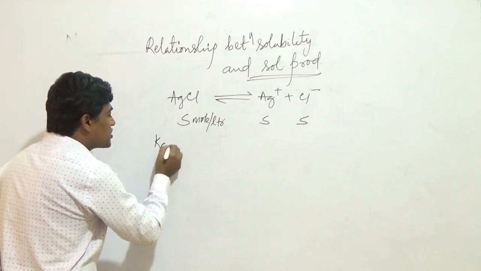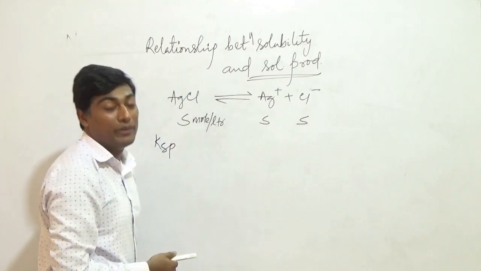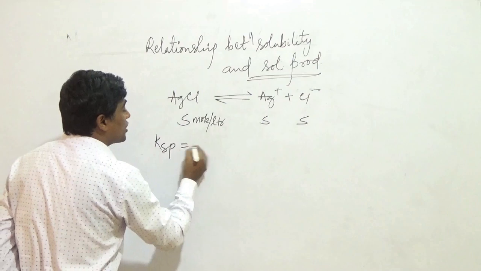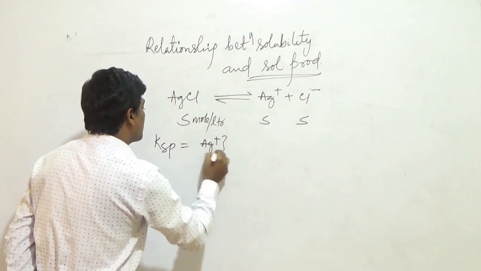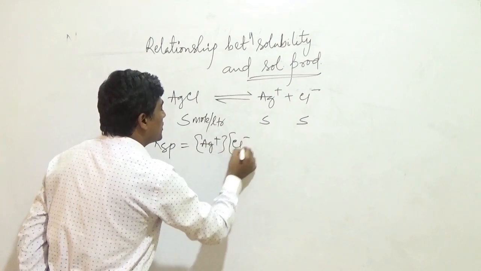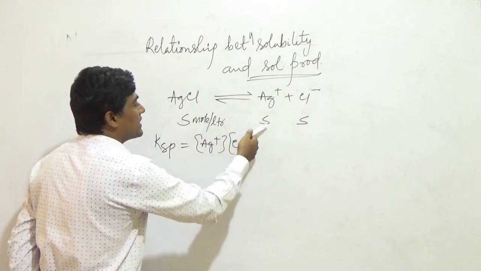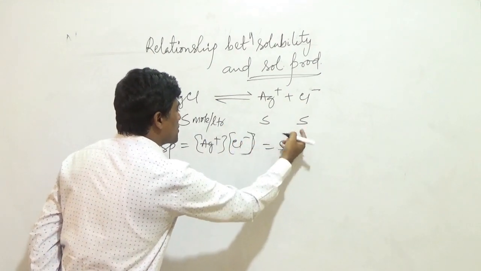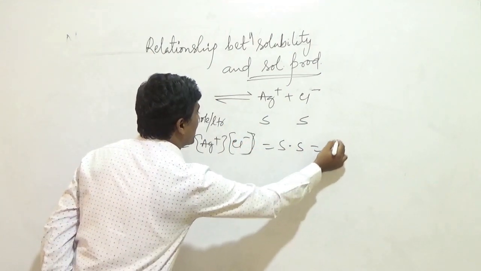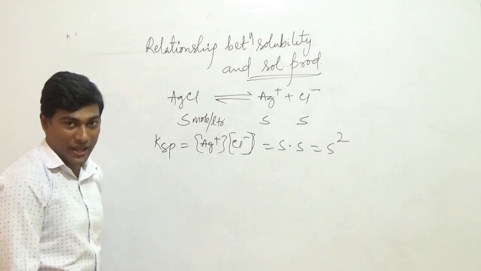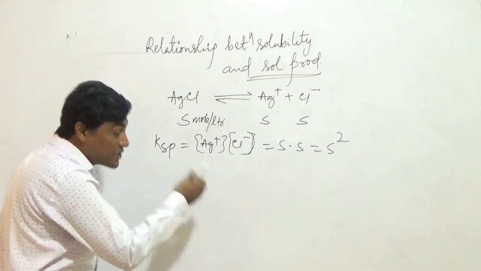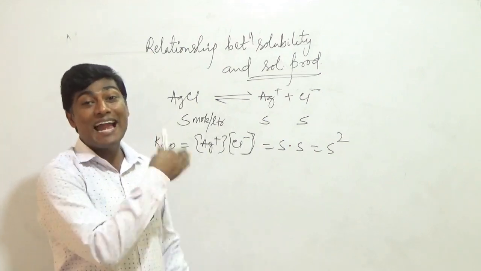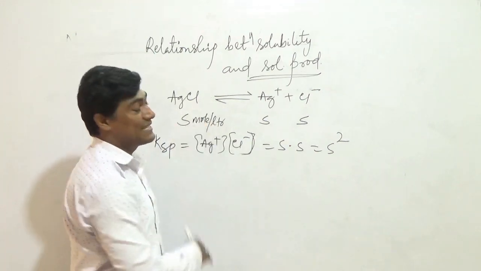Once the equilibrium is established, Ksp is nothing but the product of the concentration of ions. The concentration of Ag plus is S, and Cl minus is also S, so Ksp is equal to S square. This is the relationship between the solubility and solubility product of AgCl.